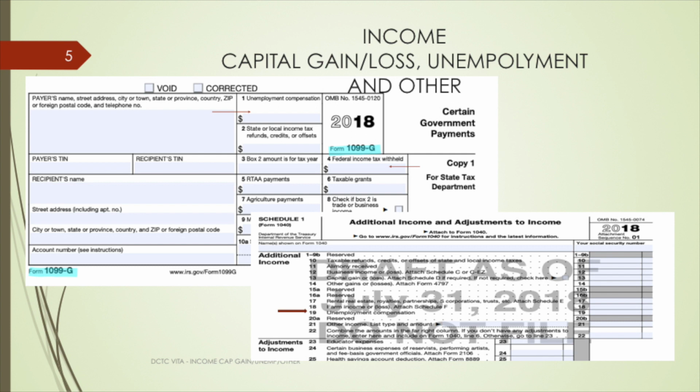You will notice on the slide, we have a picture of the 1099-G with some arrowed items, as well as a copy of the Schedule 1 additional income section. As aforestated, all income is taxable unless exempt by the federal tax law.